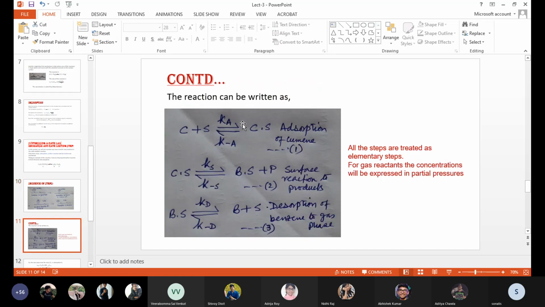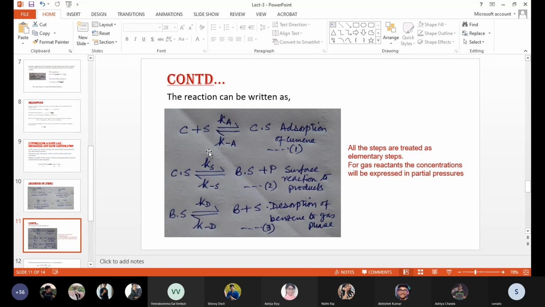So the forward rate constant of adsorption is small ka, and the reverse one is small k of minus a. Next is the reaction. The adsorbed cumene C dot S gives us B dot S, benzene adsorbed on the surface, and propylene is free, P. So C dot S to B dot S plus P is the surface reaction to the products.